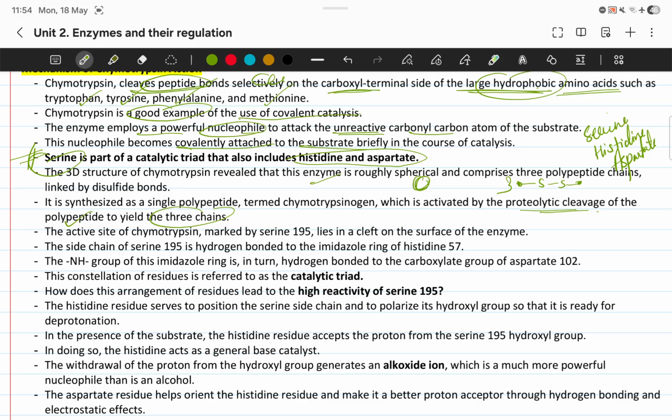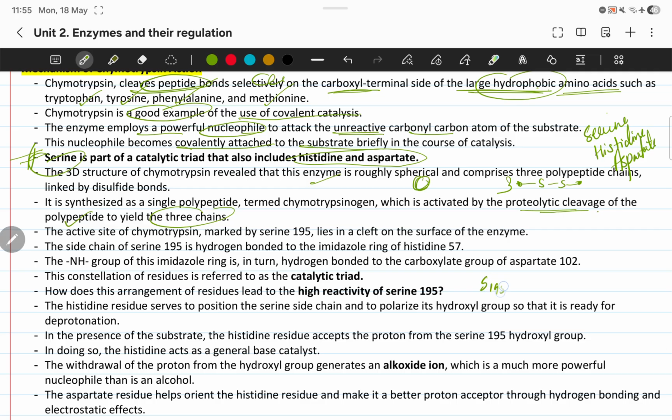The side chain of serine 195 is hydrogen bonded to the imidazole ring of histidine 57. The NH group of this imidazole ring is in turn hydrogen bonded to the carboxylate group of aspartate 102.